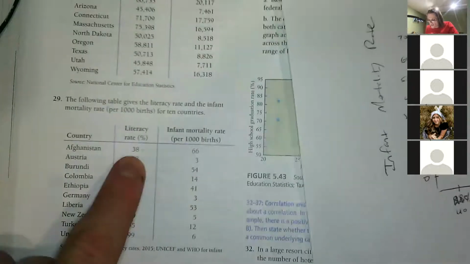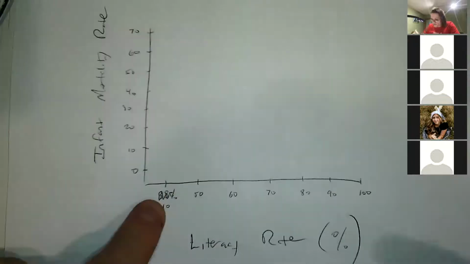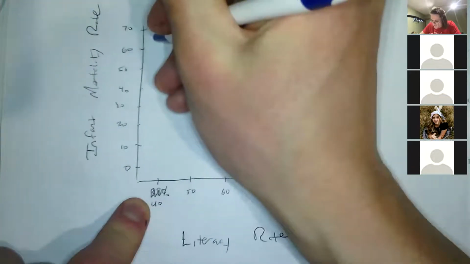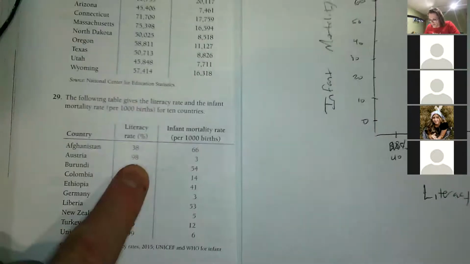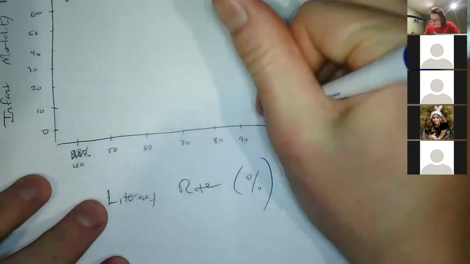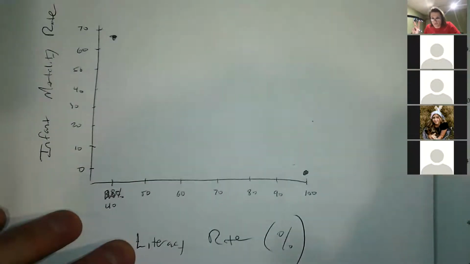All right, and always plot. So Afghanistan, literacy rate's 38, infant mortality is 66. So 38 and then 66, goodness gracious. All right. 98 and 3. So 98's over here and 3 is down there. And with 2 dots, you can already probably guess the pattern, right?